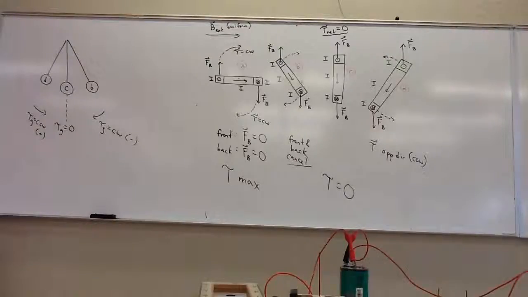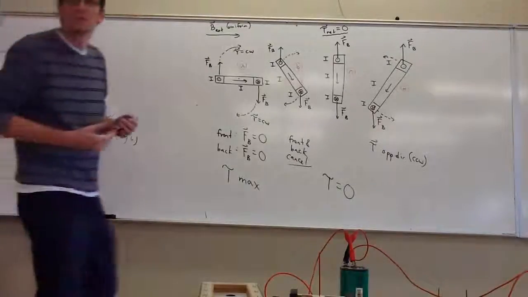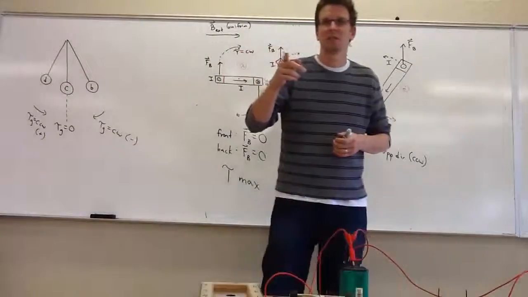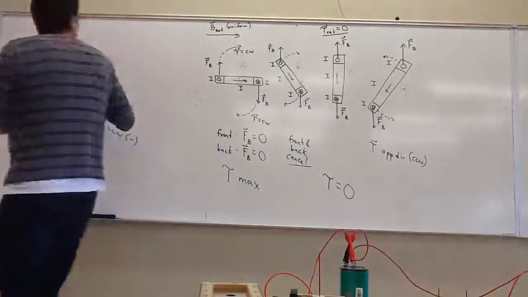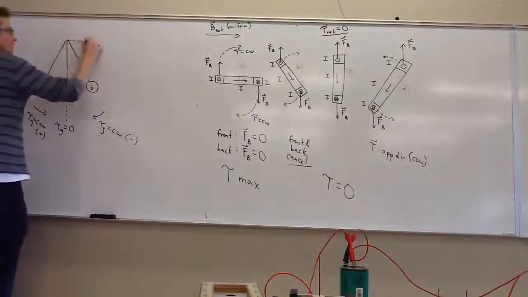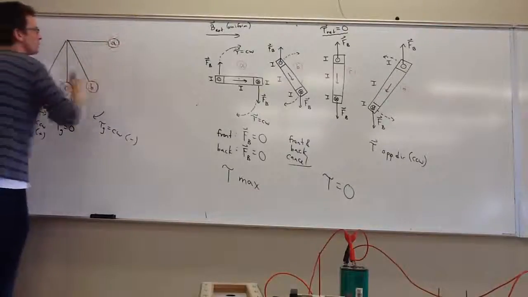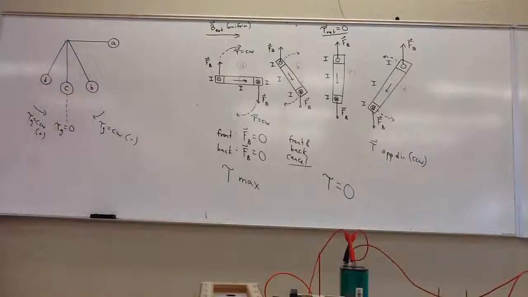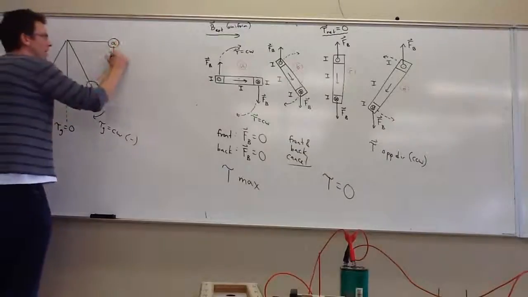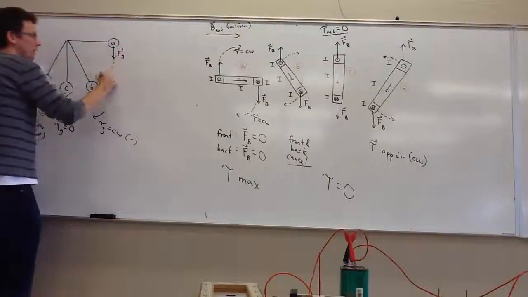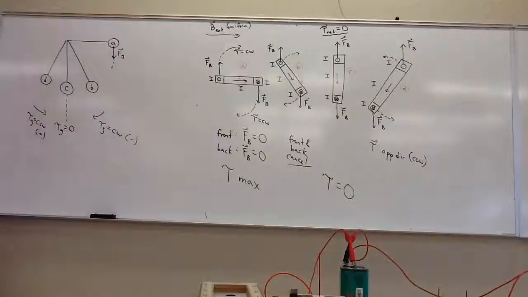Can anyone tell me what A would look like? Yep, dead horizontal. A would be like this. Now, why is that? Because remember that if you have a pendulum that you release like that, the force is perfectly all tangential, right? Just like it was in my orientation A, those magnetic forces were perfectly lined up along the circle, right?